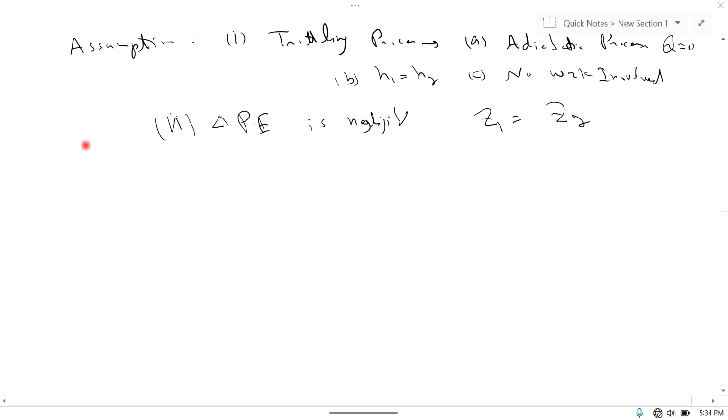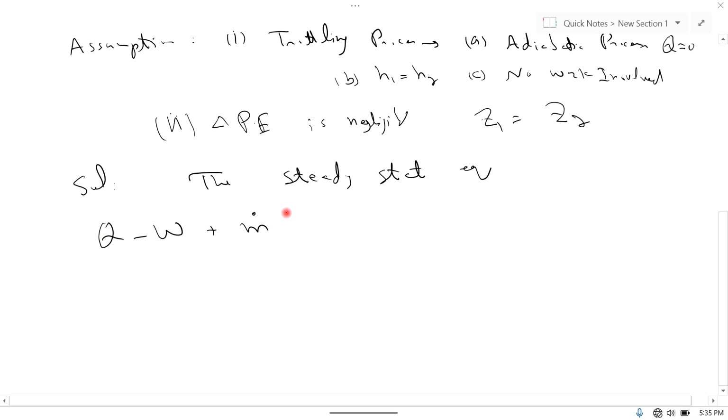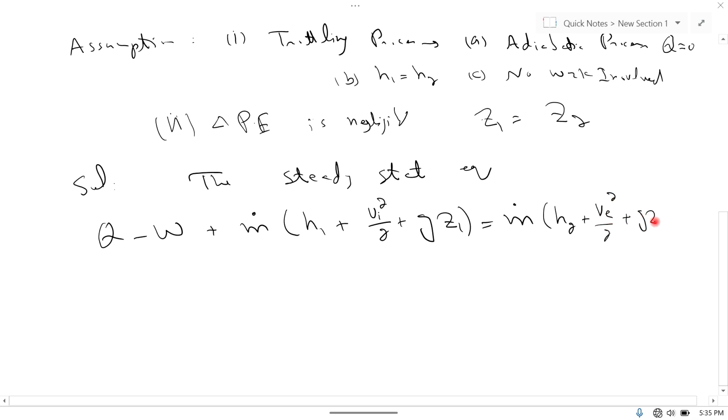Now in the solution, the steady state equation is Q minus W plus m dot (H1 plus V inlet square divided by 2 plus gZ1) is equal to m dot (H2 plus V exit square divided by 2 plus gZ2).